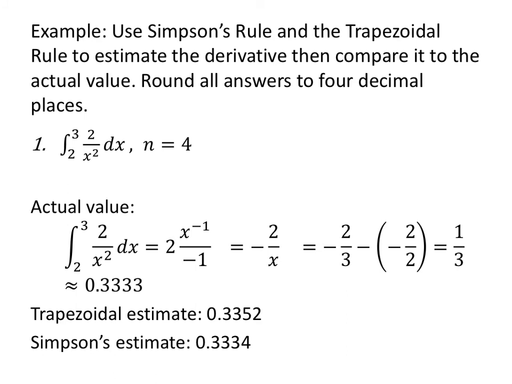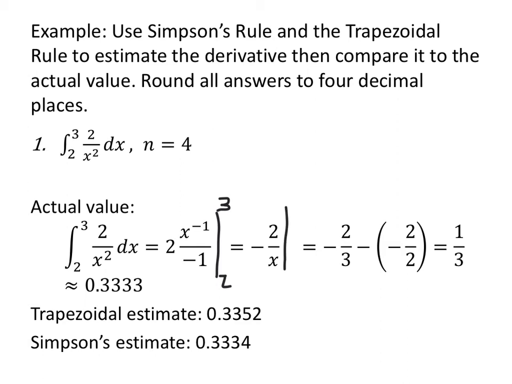Well, we know that the actual value of the integral from 2 to 3 of 2 over x squared dx, the 2 comes out in front. The antiderivative of x squared is the antiderivative of x to the negative 2. And the antiderivative of x to the negative 2 is x to the negative 1 over negative 1. And we can simplify with that 2 coefficient that came from our numerator.